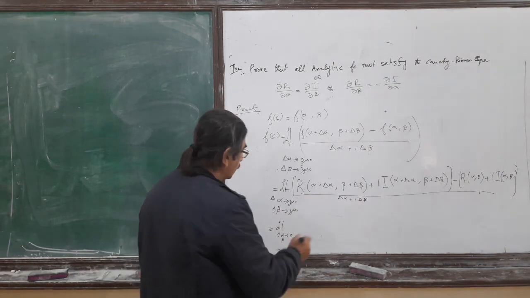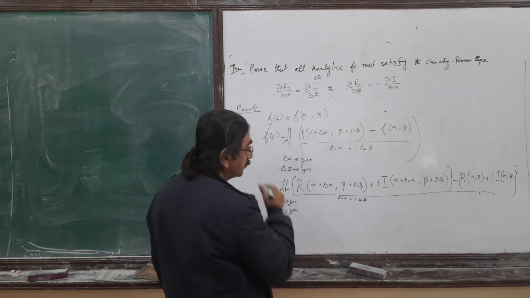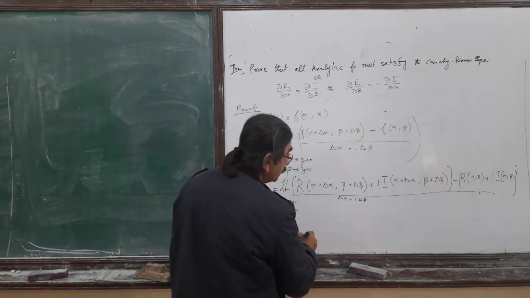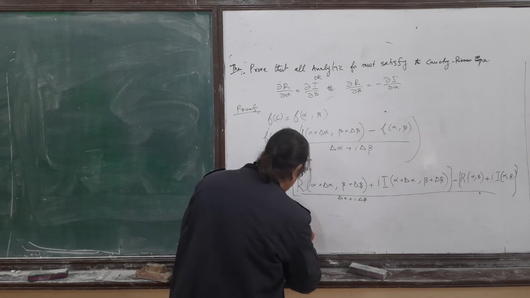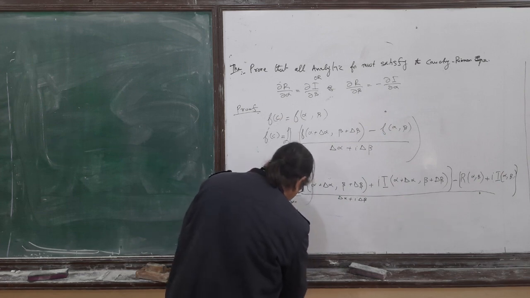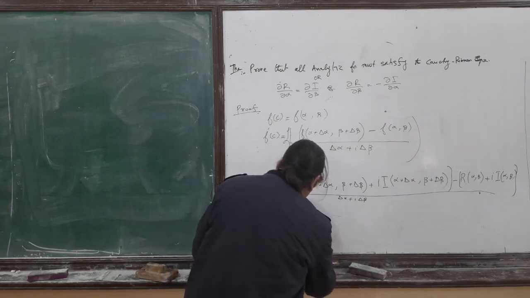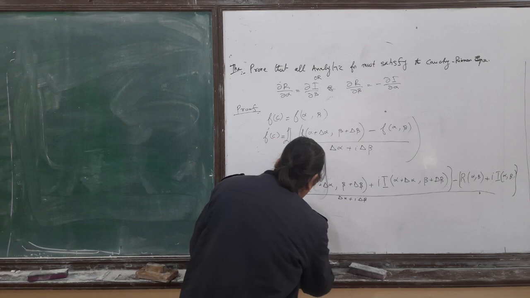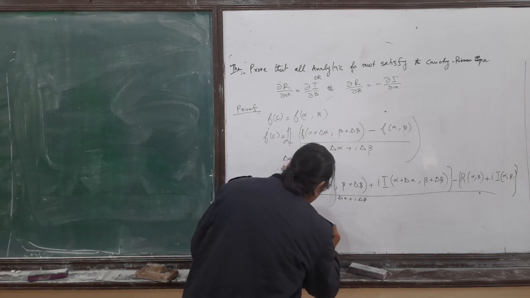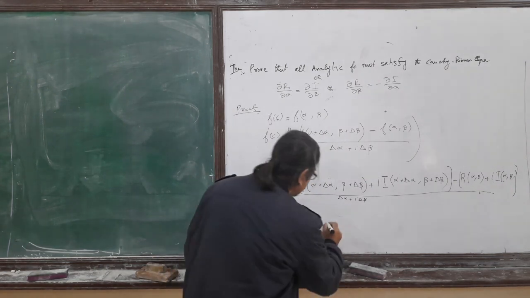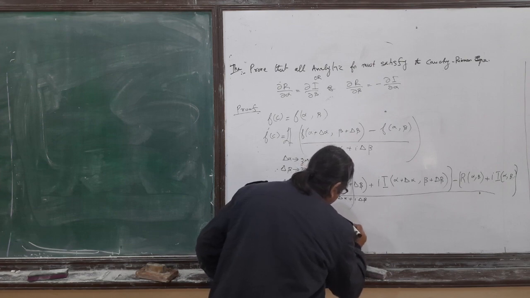Okay. And this may be written as, yes, this may be written as R of alpha plus delta alpha minus R of alpha.